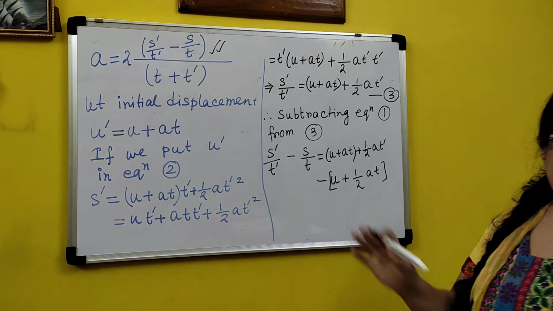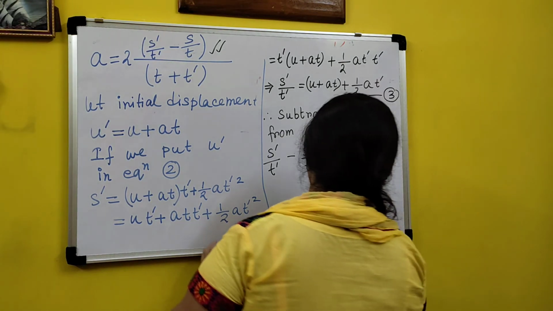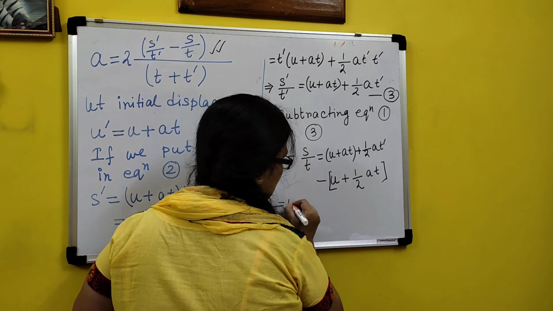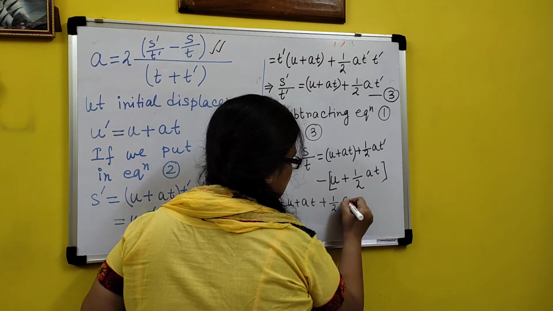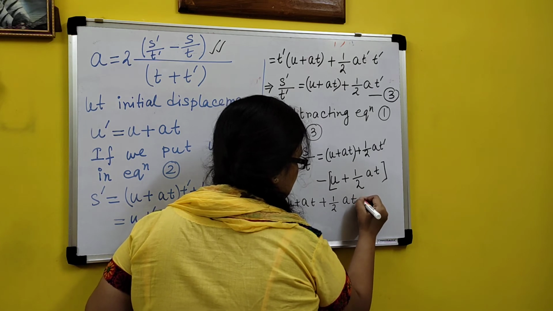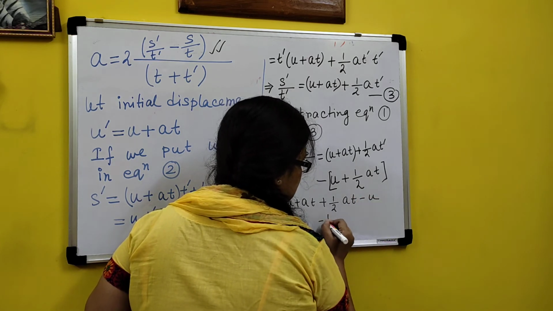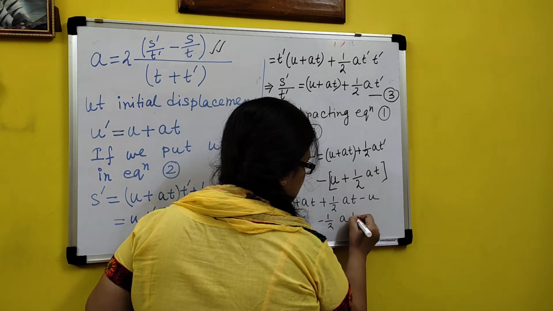Okay, so subtract this whole, what I am getting, u plus at plus half a t minus u minus half a t.